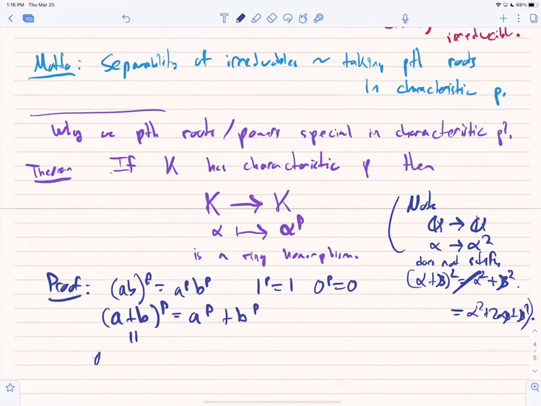This is equal to a to the p plus p choose 1 times a to the p minus 1 b plus p choose 2 times a to the p minus 2 b squared, and so on.